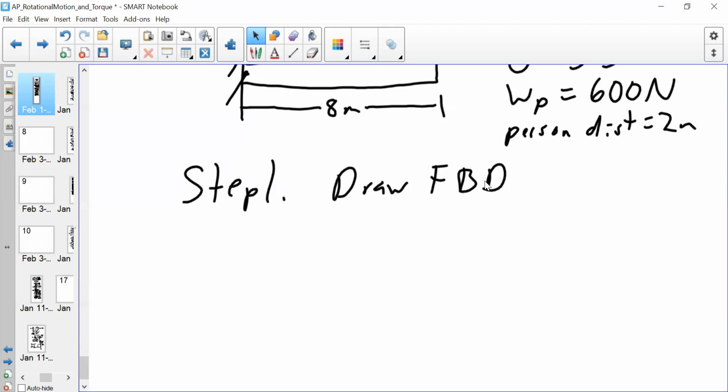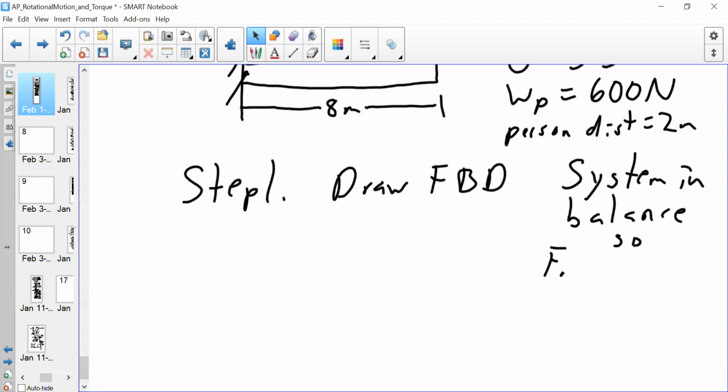Back in chapter 5, just draw your FBDs, but now we're going to be pivoting around some axis. Systems in balance: the net force is equal to 0.